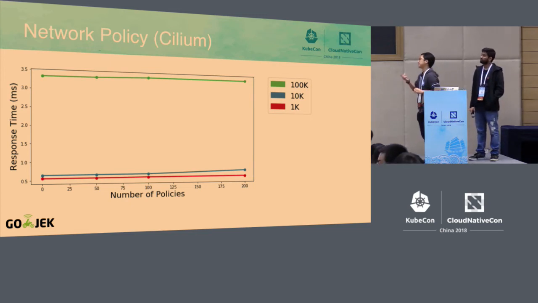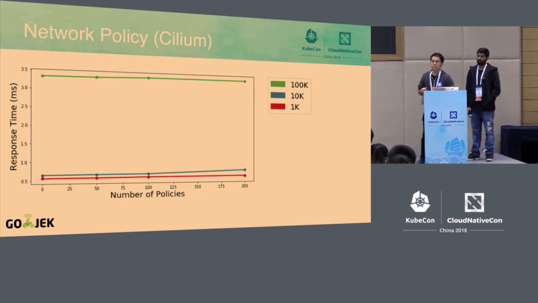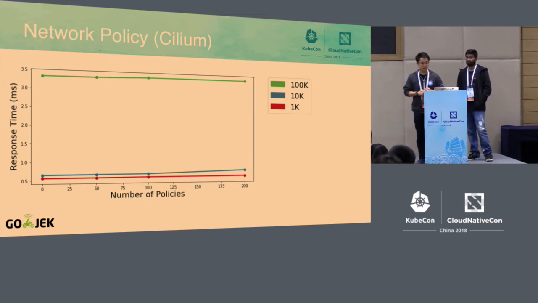However, keep in mind that the network policy that we tested with Cilium is actually the native network policy feature offered by native Kubernetes. Cilium actually provides a much better way by providing a custom resource that they call Cilium network policy, that we didn't test here.